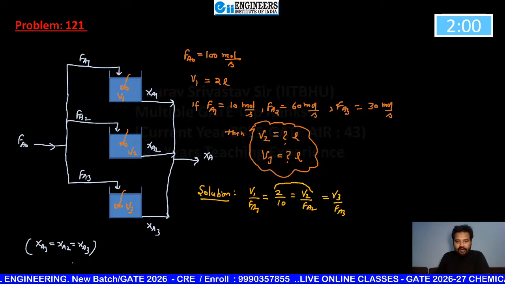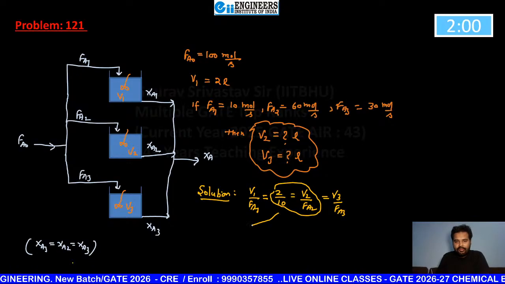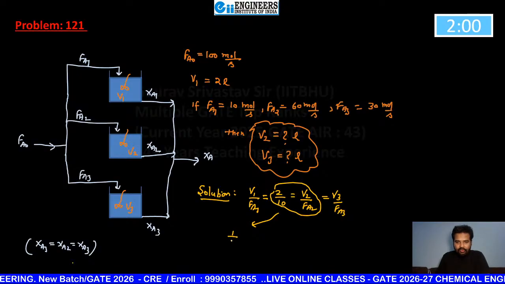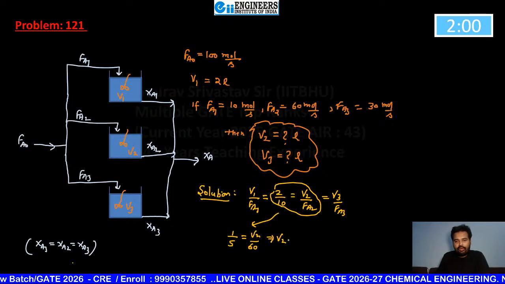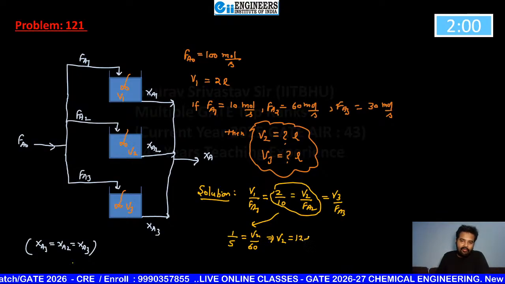So 2 by 10, that means 1 by 5, equals V2 by FA2, which is given as 60. So after solving, V2 will be 60 by 5, that means 12 liter.